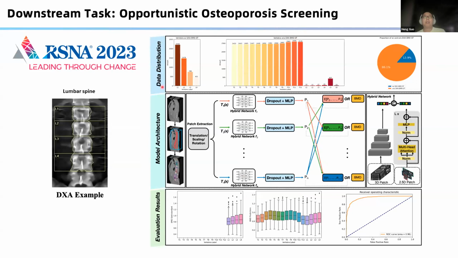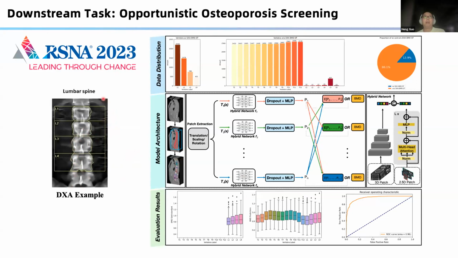This work has been accepted by RSNA 2023 as a poster presentation. In this work, we tackle the bone mineral density estimation problem using paired CT DEXA data. DEXA is short for dual energy X-ray absorptiometry, which is the gold standard of BMD examination in routine clinical use.